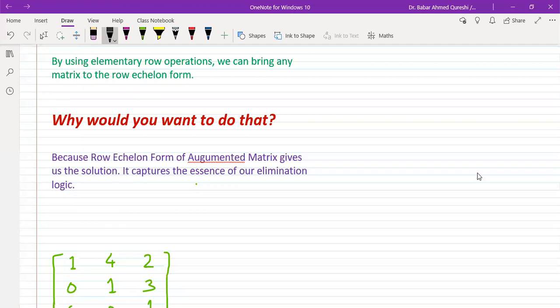It captures the essence of our elimination logic, that in the equations below, you have less and less variables. So finally, you will see a variable which is equal to a number. And then you will start back substituting, and when you back substitute, you will complete the solution.